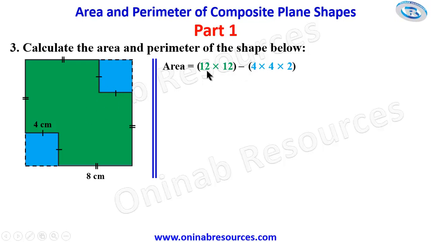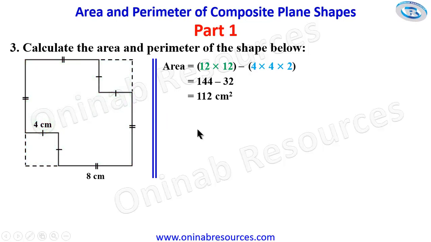So we simplify. 12 times 12 is 144. 4 times 4 is 16. 16 times 2 gives 32. So we have 144 minus 32. That will now give us 112 square centimeters, representing the area of the composite shape represented in problem 3.